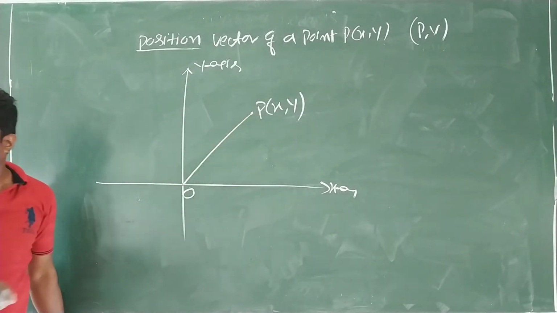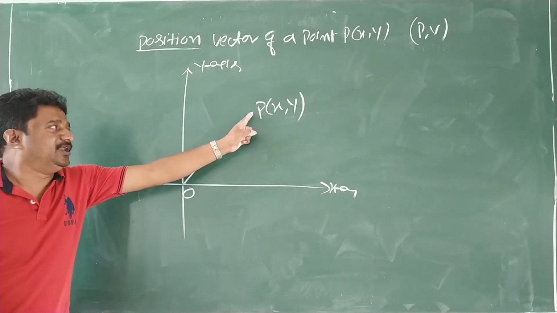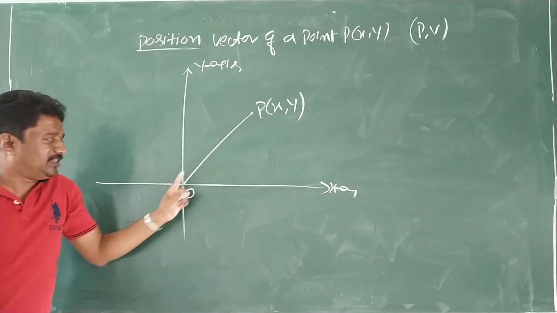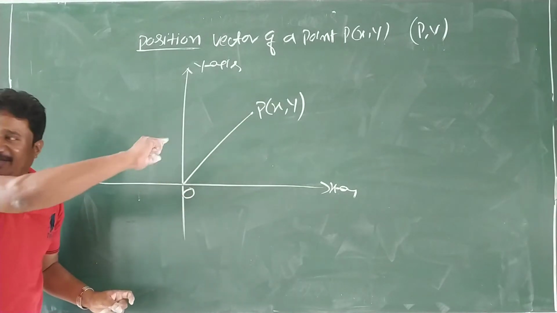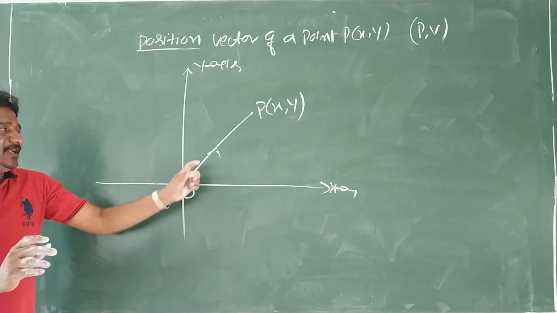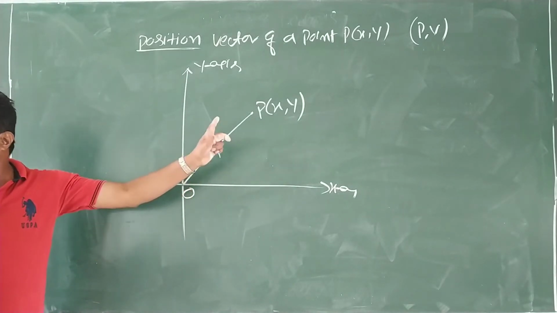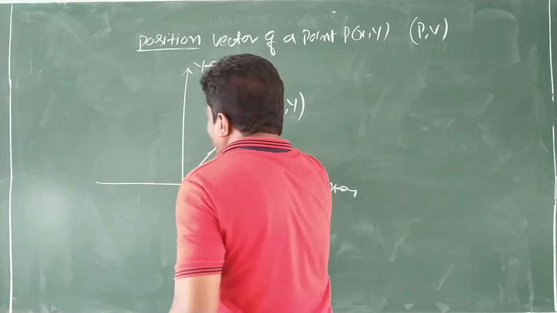If I join the point P with the origin, I am getting a vector. Which vector is that? Vector OP. The direction of vector OP is from O to P.